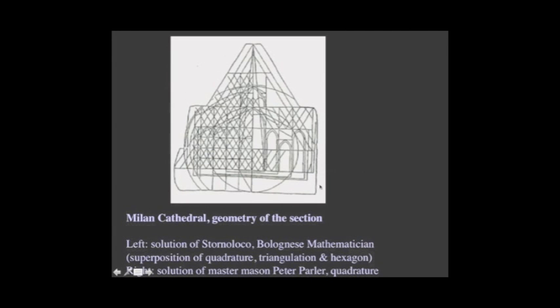And I guess if you had a compass and a 60-degree triangle, you could be the best mathematician in Italy, because it seems like what he did was just superimpose these other geometries on top of the cathedral. So to a certain extent, he's got this big old triangulation system going on, but then at a certain point, he flips it and moves from the 60-degree triangle to the 3-4-5 triangle, that famous triangle that gives you a right angle using simple whole numbers.